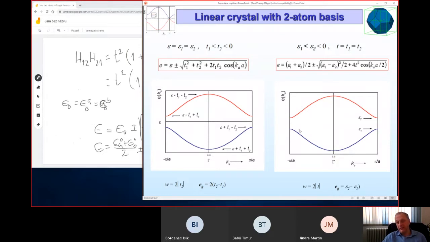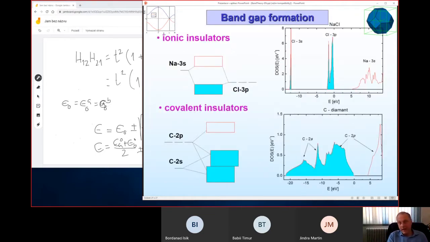But these states are empty, while the occupied states are more dominated by the orbitals from the more electronegative atoms, and that's why we have a shift of electron density from sodium atoms to chlorine atoms, and we obtain the ionic insulator. So this is the case of an ionic insulator. And a real example is sodium chloride.